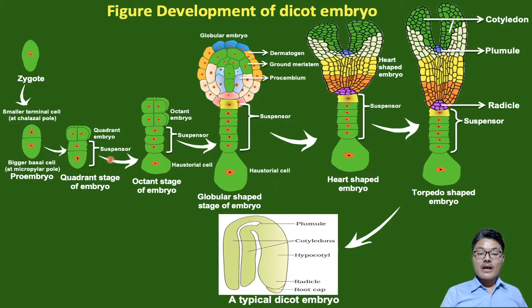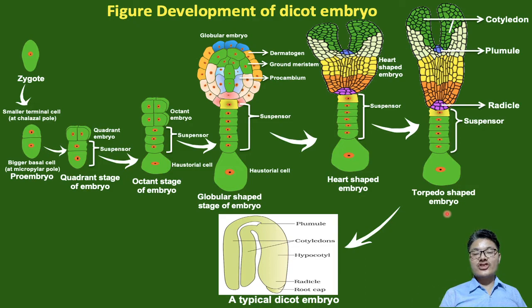In this way, there is mitosis and cell differentiation and development of the embryo, whereby a characteristic globular shaped embryo appears, called the globular stage of embryo, which later develops into the heart-shaped embryo, and then enters the torpedo-shaped embryo.